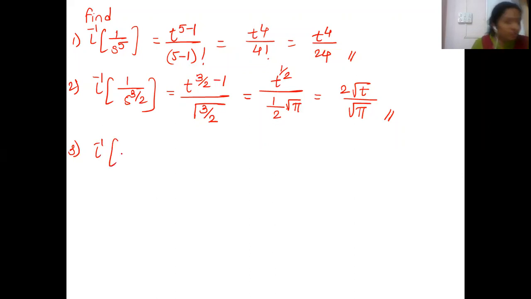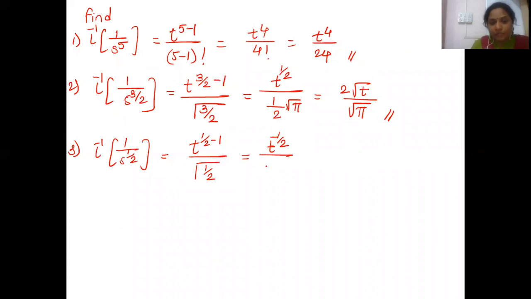Laplace inverse of 1 upon s raised to half. In general, I have used the formula for 1 upon s raised to n. That is t raised to 1 half minus 1, that is t raised to minus 1 half, upon gamma half, and gamma half is root pi.